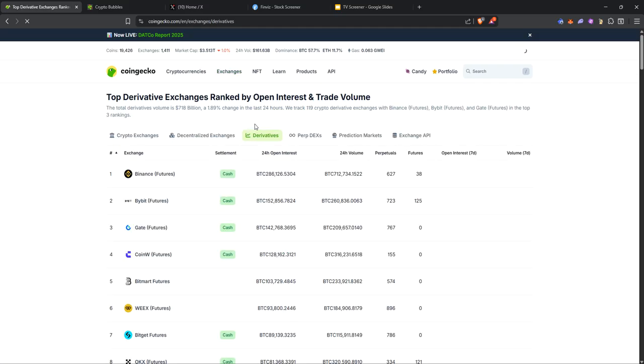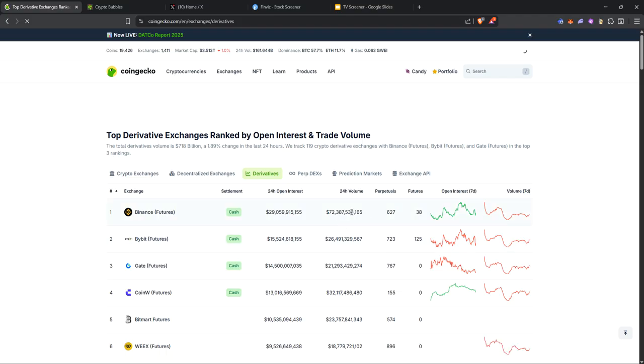Sorry guys, I don't know why it's so slow today. Okay, so yeah, look, it's got 627 perps, and it doesn't list the most, right? You see here Bybit, Gate, but it also has the most trading volume, by far, almost three times or more the second and third there.